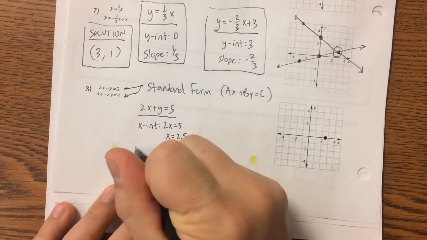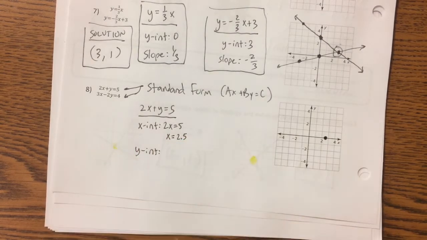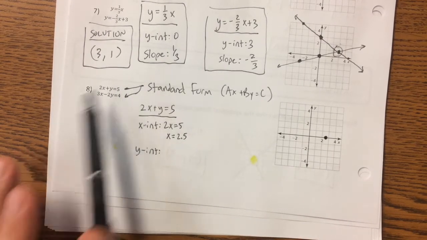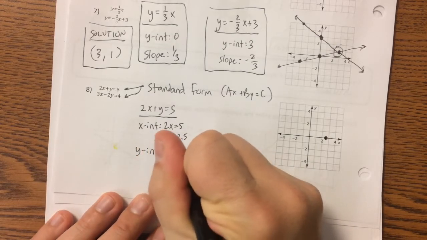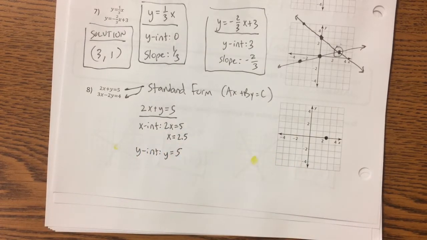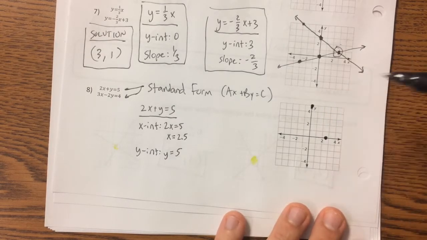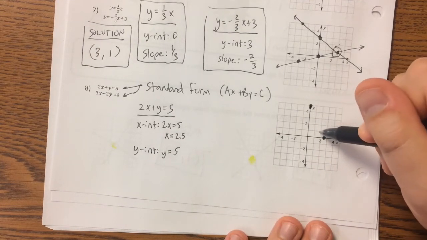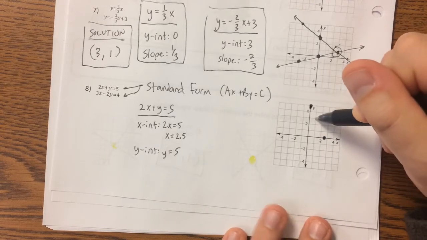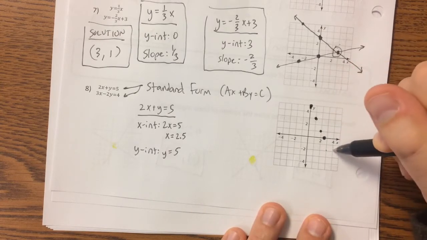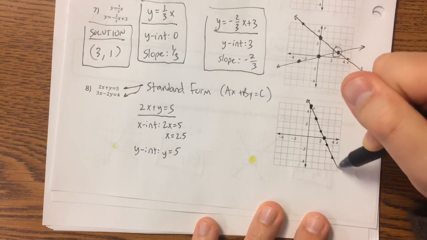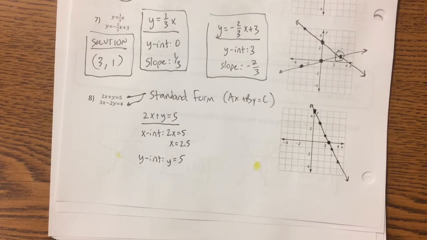And then my y-intercept, I'm going to cover up the x. Substitute 0 into x, and I get y equals 5, which is already solved. If that coefficient's 1, you don't really have to do anything. So my y-intercept is 5. It looks like the slope here is down 2. So I'm going to fill in the gaps. There's that line.